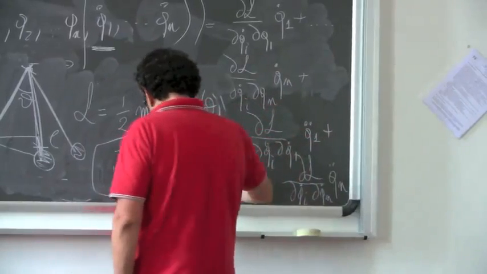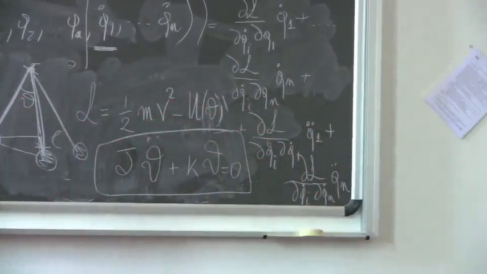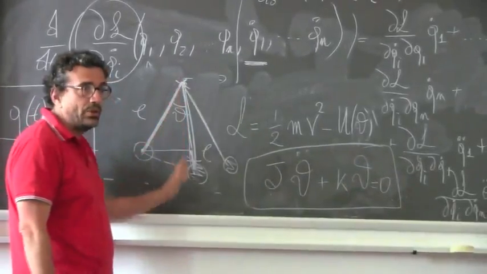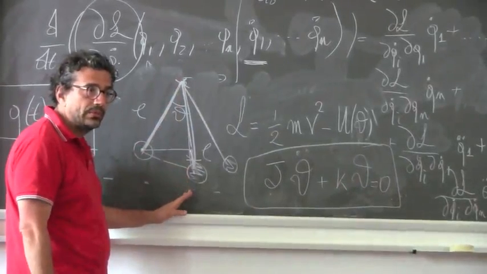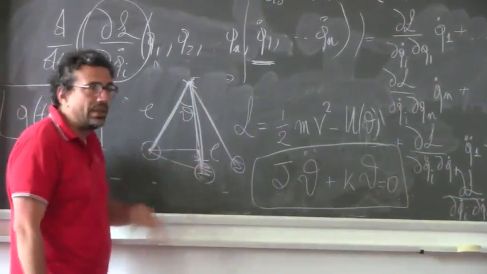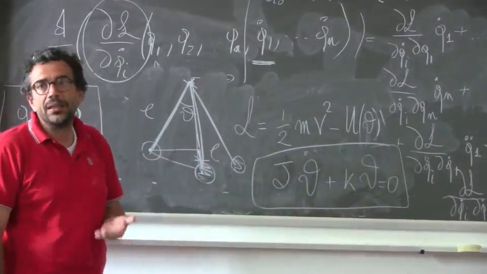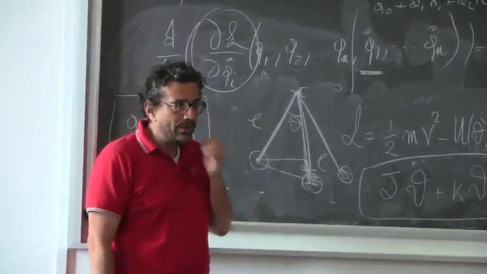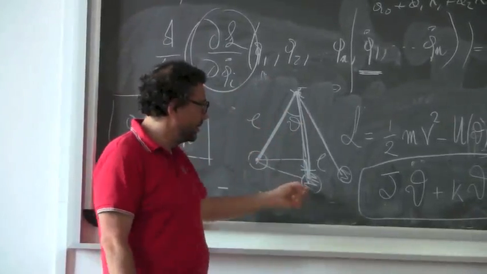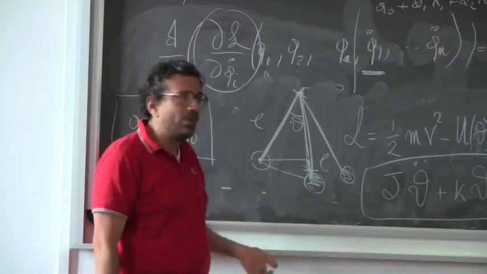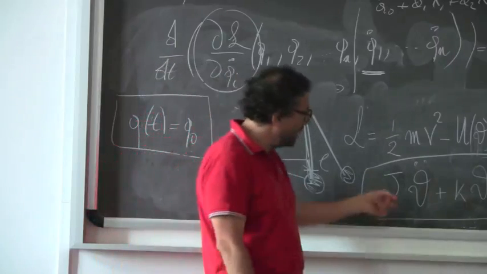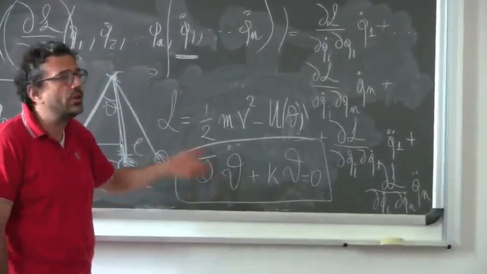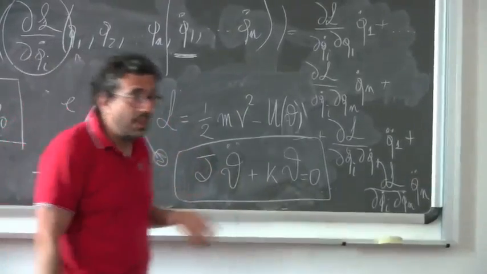Find the coefficients J and K. This is the equation which is valid when theta is very small, so when you can develop in Taylor series, truncating the expansion at the first order in the neighborhood of theta equals 0. This is the equation of harmonic motion, whose solution you have already seen, I am sure.